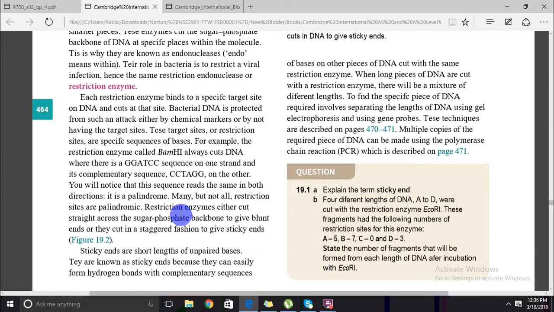And if we have 0, then you will just have 1 fragment. If you have 3, then what? Then you will have 1, 2, 3, 4. You will have 4 fragments. You will have the number of fragments which is 1 more than the number of restriction sites.